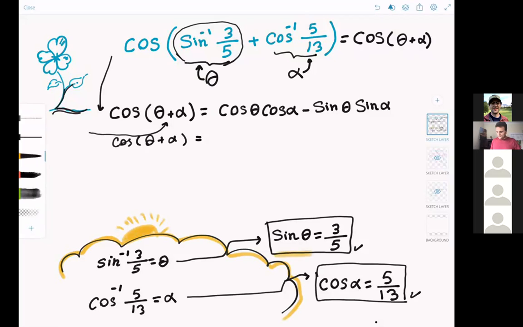We have sine of theta, and we have cosine of alpha. So cosine of theta we don't have. I'm going to make a parenthesis here and look for it. Do we have cosine of alpha? Yes, cosine of alpha is right there in the corner. So I'm going to put 5/13. Minus, do we have sine of theta? Yes, 3/5. Multiply by sine of alpha, we don't have.